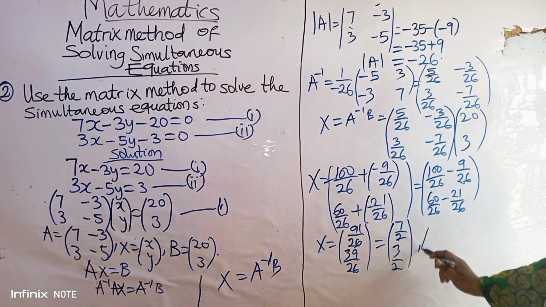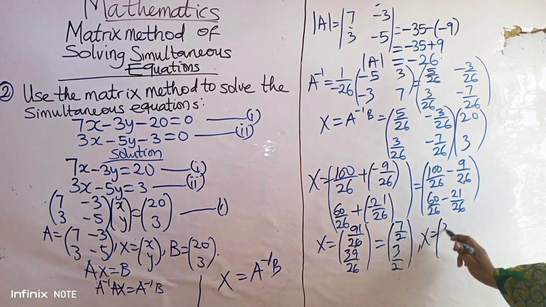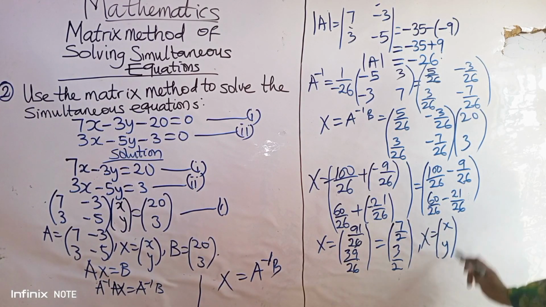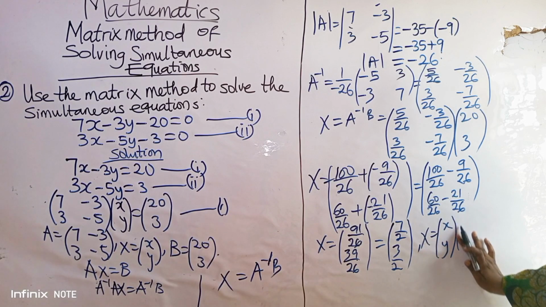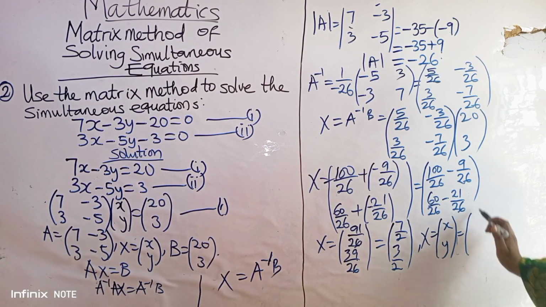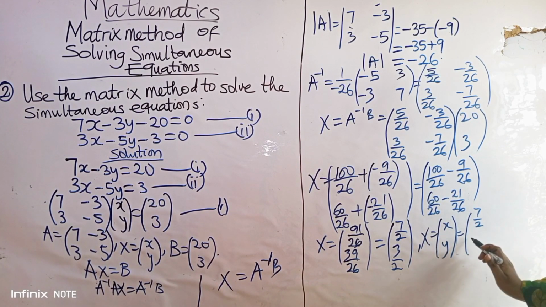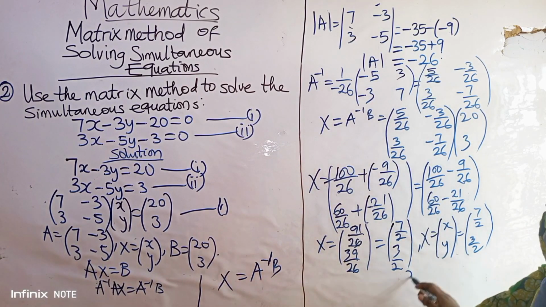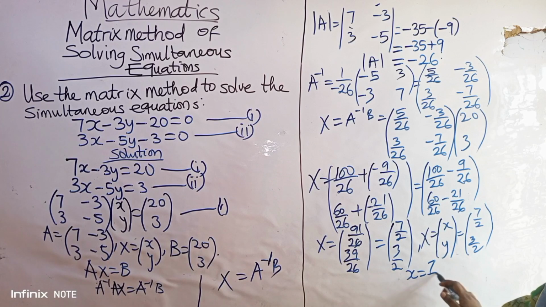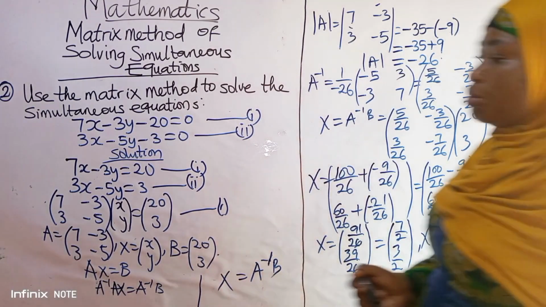Recall that my x is equal to x, y. So that is equal to 7 over 2, then 3 over 2. So I can easily say that my x is equal to 7 over 2 and my y is equal to 3 over 2. So very simple.